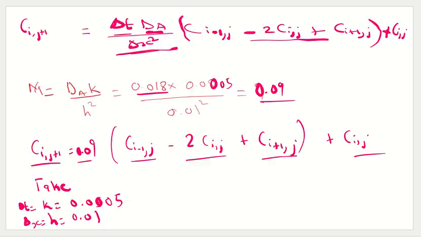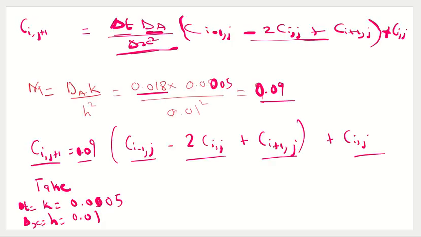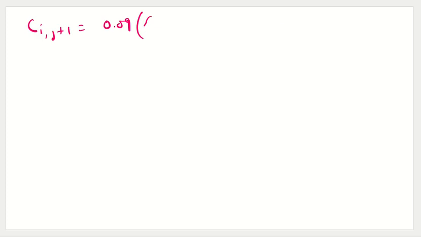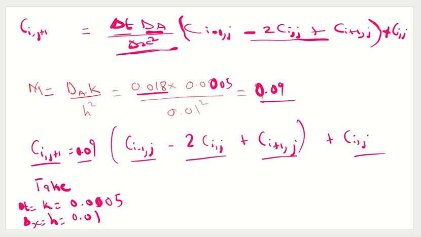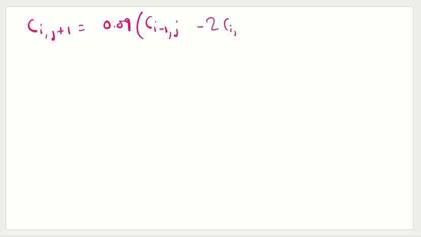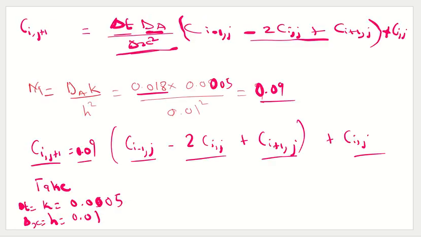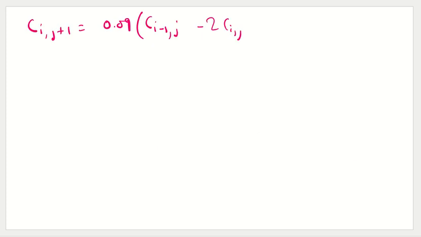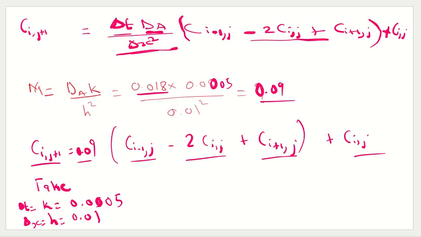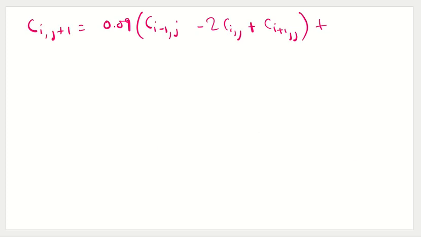We have our formula standing as Ci,j+1 = 0.09 (Ci-1,j - 2Cij + Ci+1,j) + Cij. So that's the formula we need.